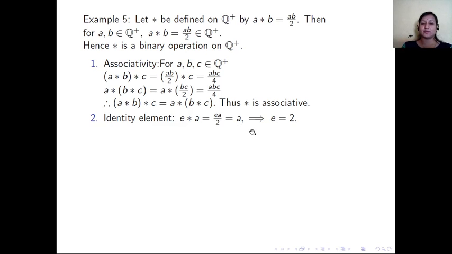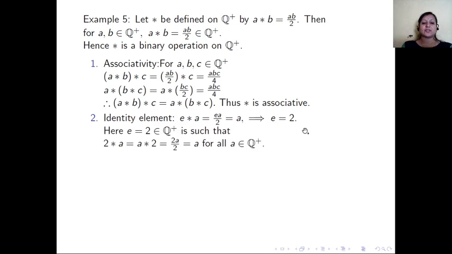A is not equal to 0. So E becomes 2. So let us check. Here E is equal to 2, which belongs to Q plus as it is a positive rational, and is such that 2 star A is equal to A star 2, which is equal to 2A upon 2, which is equal to A, for all A belongs to Q plus.